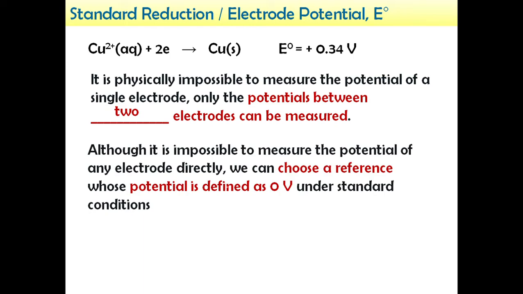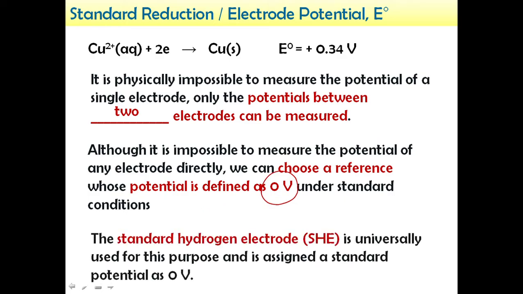Okay, walaupun sebenarnya mustahil untuk kita measure potential of any electrode directly, so actually masih tak dapat nilai direct, okay, of each electrode, we can choose a reference whose potential is 0 volt under a standard condition. Jadi, standard hydrogen electrode, SHE, is universally used for this purpose and is assigned a standard potential as 0 volt. Jadi, SHE ni dia ada nilai 0 volt sebagai E0 value dia.